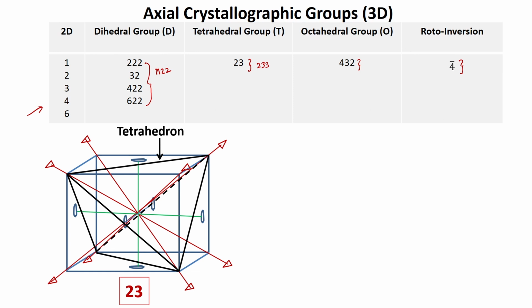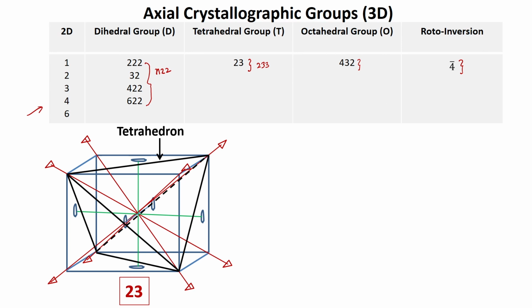There are 4 vertices, so we end up with 4 three-fold rotational axes in this cubic point group, while the two-fold rotational axes join the midpoints of pairs of edges of the tetrahedron. This also you can see in this figure, and hence such groups are called the tetrahedral group, and the symbol used is T.